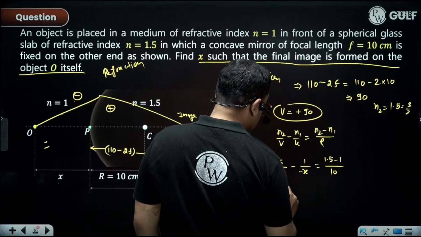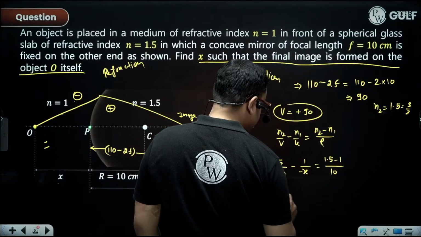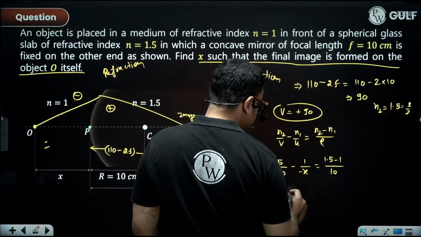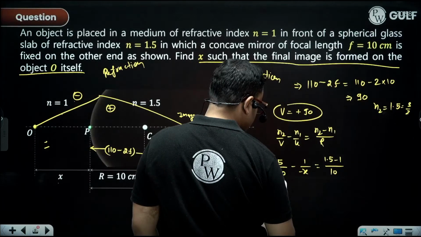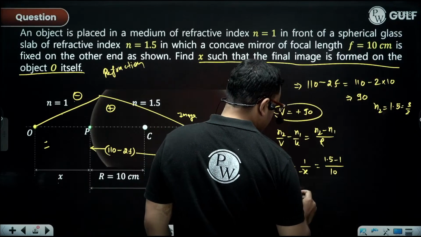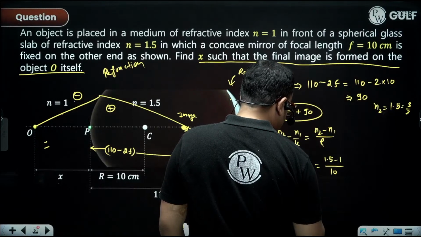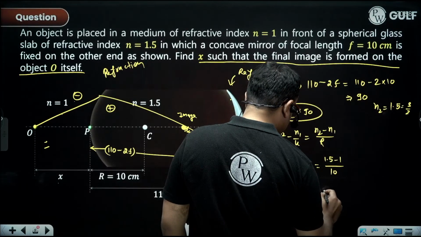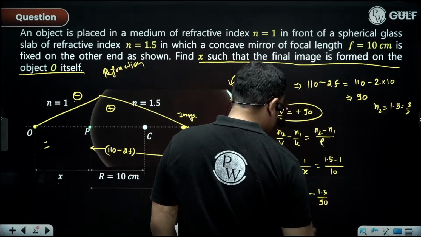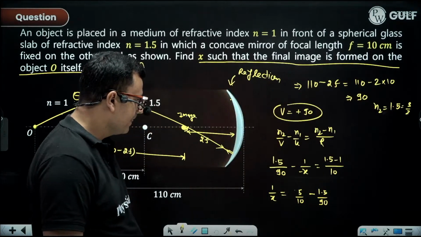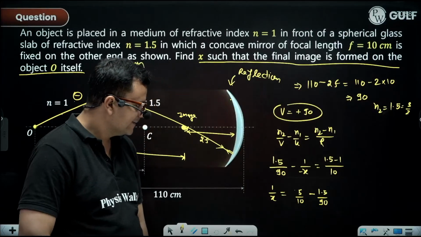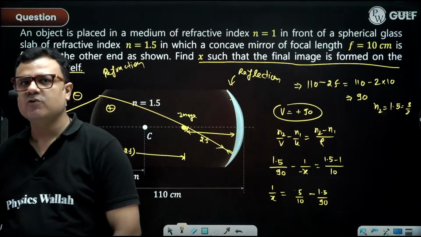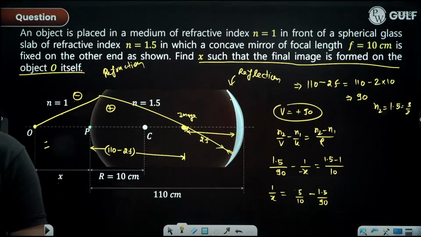So 1.5 upon 90, and this will be 0.5 by 10 minus 1.5 by 90.